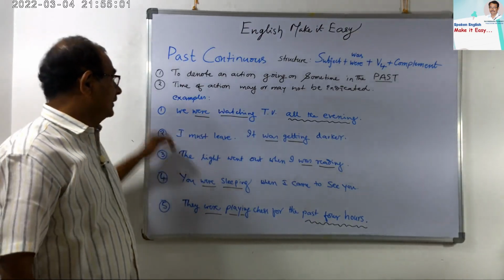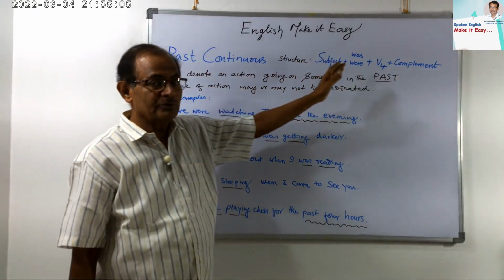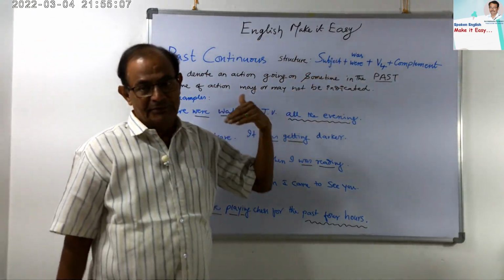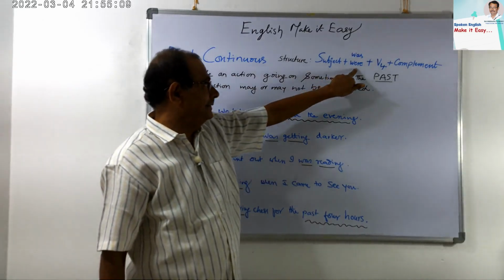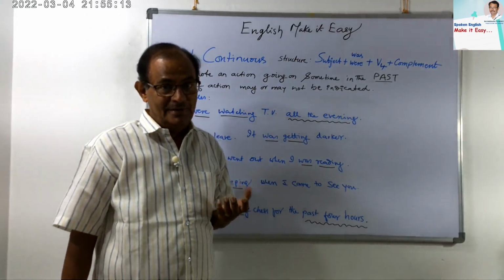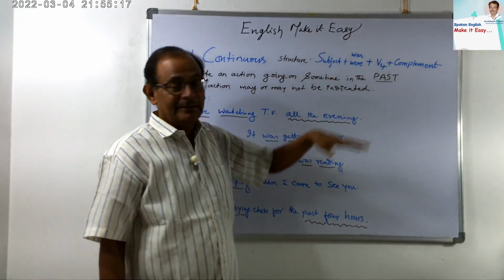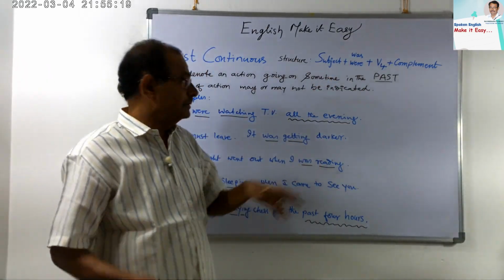So the first point to remember, all of you, is the structure. Let us go to the structure. Subject as usual, and see the auxiliaries we use here. Since it is past continuous, your brain should immediately take the past forms. What are the past forms?